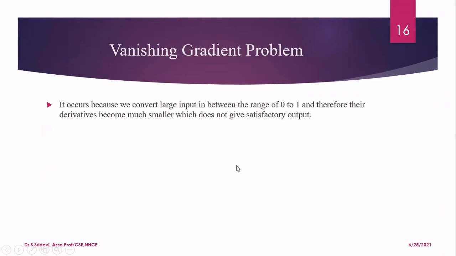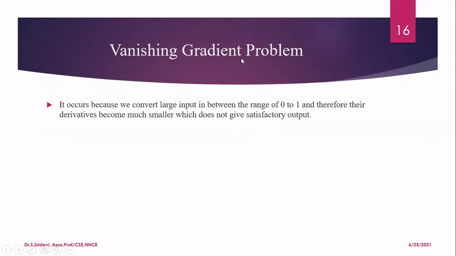In the logistic sigmoid function, we have a disadvantage called the vanishing gradient problem. We will see what this problem is later. Just to know, it occurs because in this function we are converting a very large input value into the range between 0 and 1. Because of that, some of the derivatives will become smaller, so with the help of the derivative, you may not be able to get a satisfactory output.